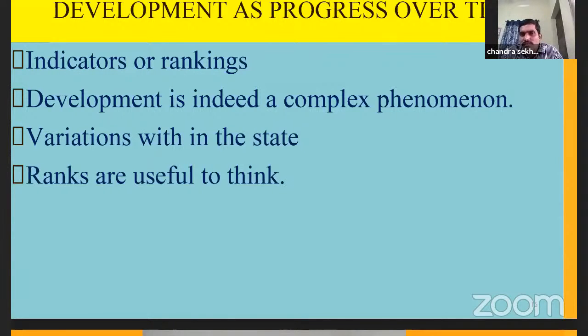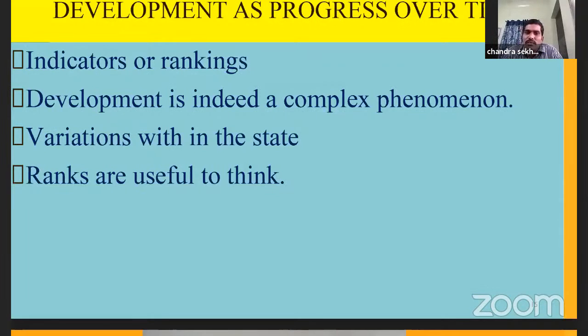So based on the development report or HDI, so many variations are there within the state. Between districts also we have differences from one district to another. Some districts are ahead of other districts. Some districts are lagging behind. When we understand these variations between districts or states, we have a clear idea where to concentrate for future development.